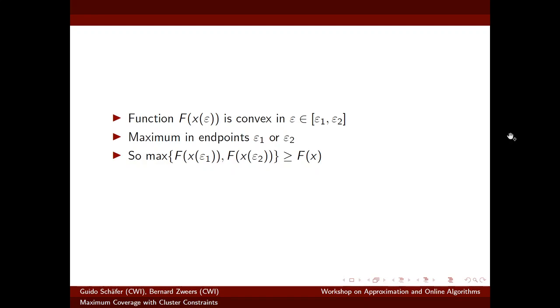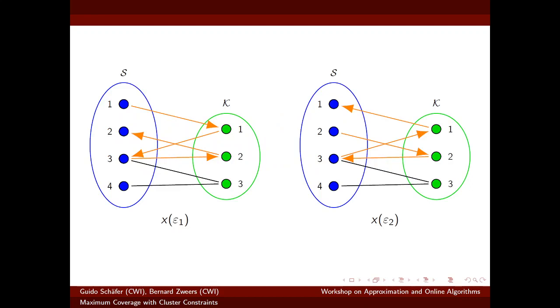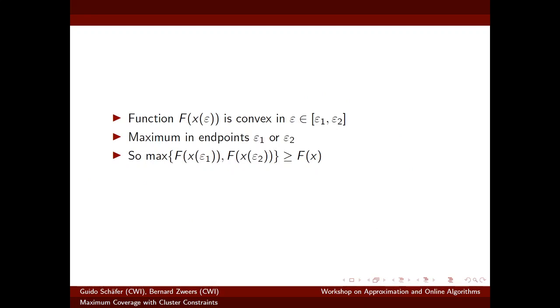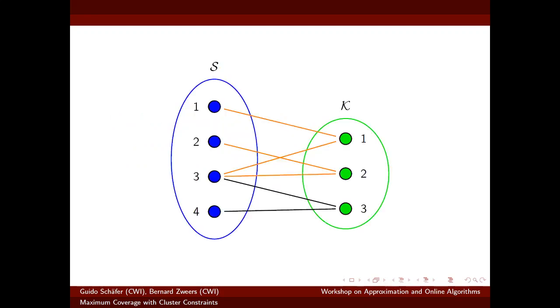And since the function is convex, you know that the maximum of that function will be in those two extremes. Which means that if we take the maximum of these two solutions, we can show that the objective function of the Pipage Rounding formulation has not decreased. So that means that we can remove, for instance, this edge from the graph.